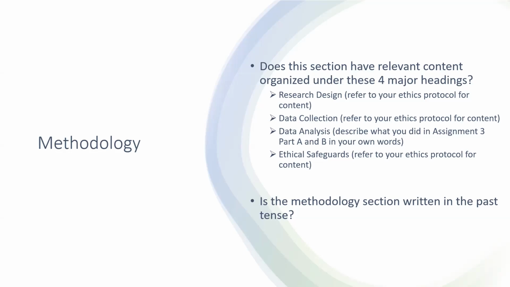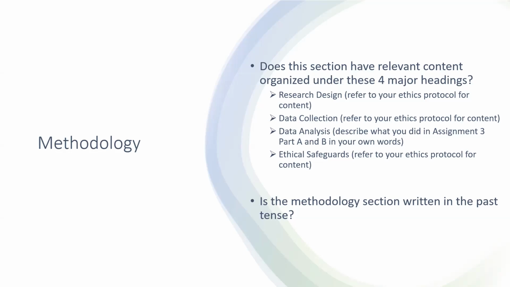And then your data analysis. You want to describe what you did in assignment number 3, parts A and B, in your own words. You're going to replicate what you did for your data analysis. And then you want to include any ethical safeguards that you took.